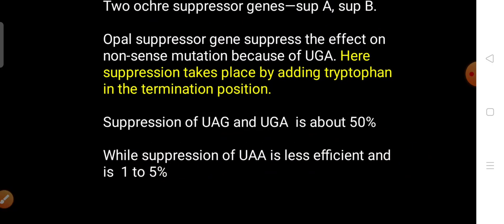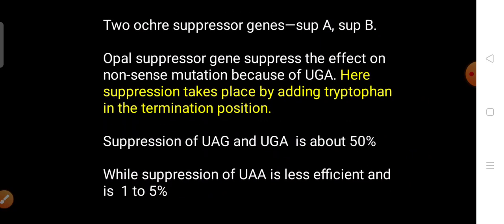Similarly, there are 2 suppressor genes which suppress the effect of ochre termination codon. They are SUPA and SUPB. Then opal suppressor gene also exists which suppresses the effect of nonsense mutation which occurs because of opal termination codon, that is UGA.